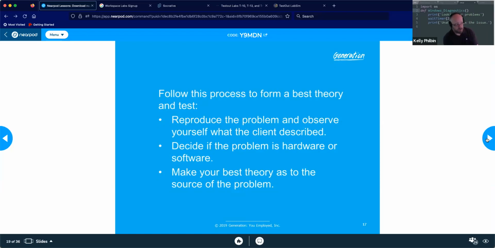Decide if the problem is hardware, software, or user. Don't hold firm to that once you have that. This is just you formulating your theory, essentially. And then at that point, you can make your theory based upon the source of the issue, and then we can work towards fixing it.